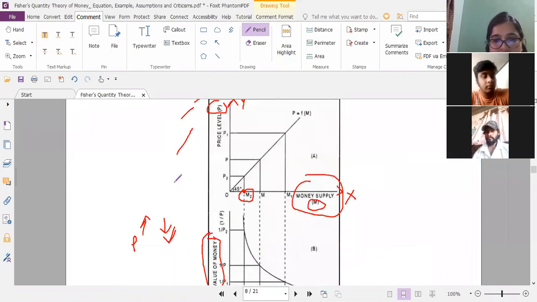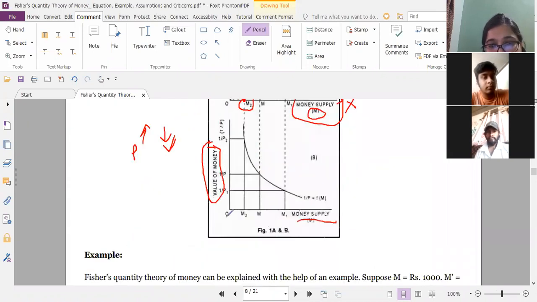So when money supply goes from M to M1, it is doubling.